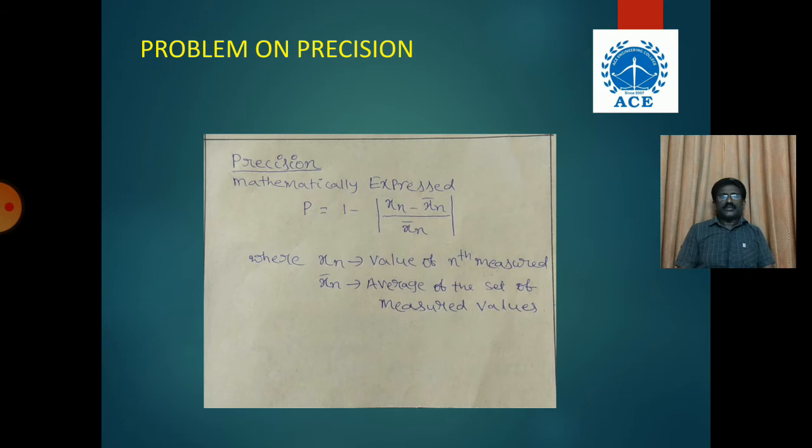To calculate precision, you have to consider a group of readings. Among those readings, you have to choose a particular one. With the help of that reading, you can calculate precision.